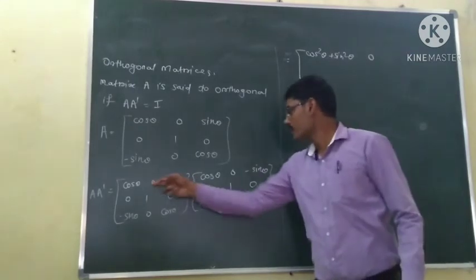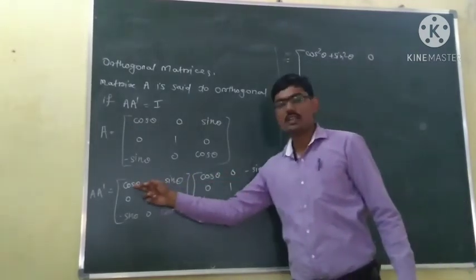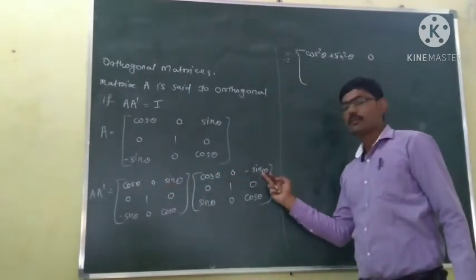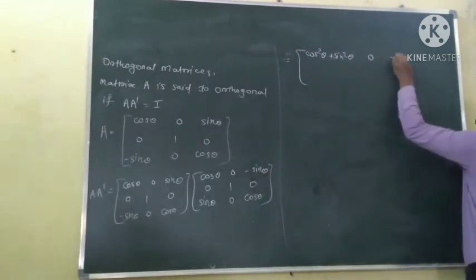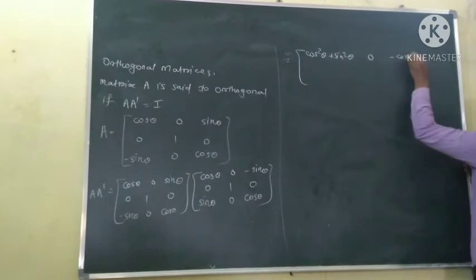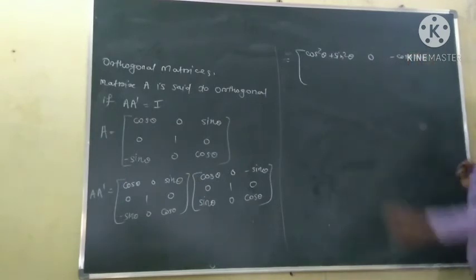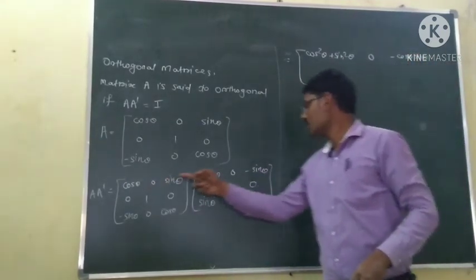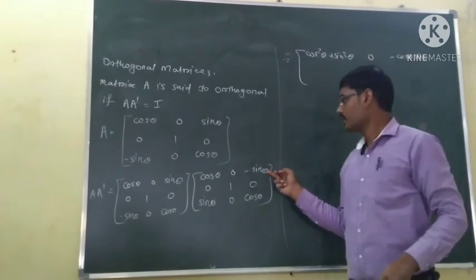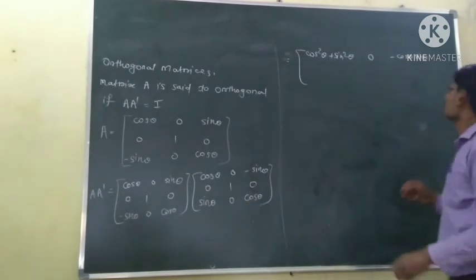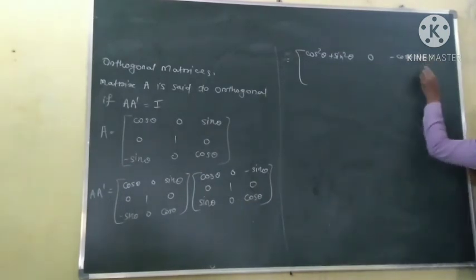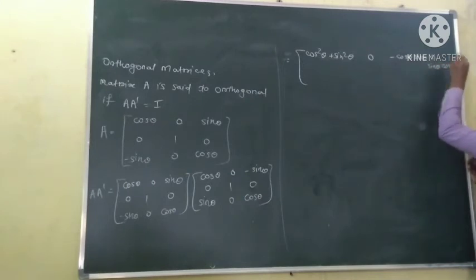Now first row, third column: cos theta into minus sin theta, so we can write minus cos theta into sin theta, then 0 into 0 is 0, plus sin theta into cos theta.